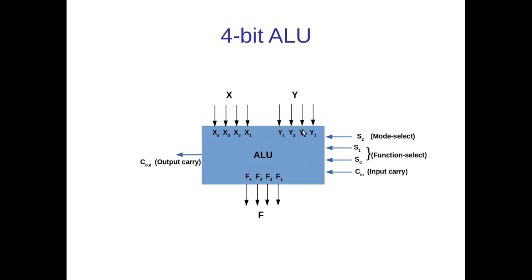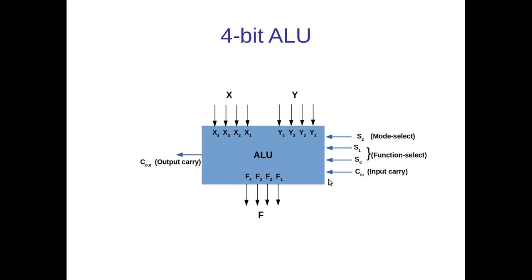There are 4 bits. An operation will be performed on X and Y based on the operation selected by the select line, and that output will be available through F.